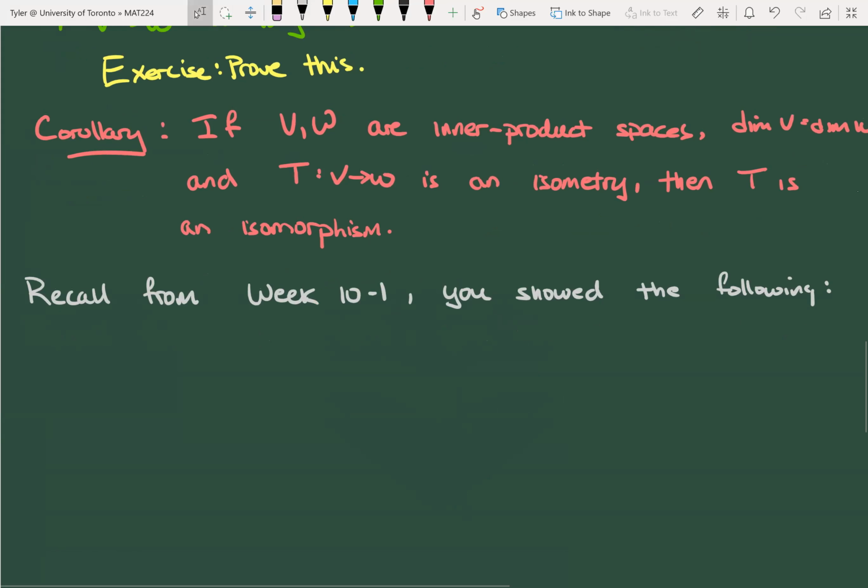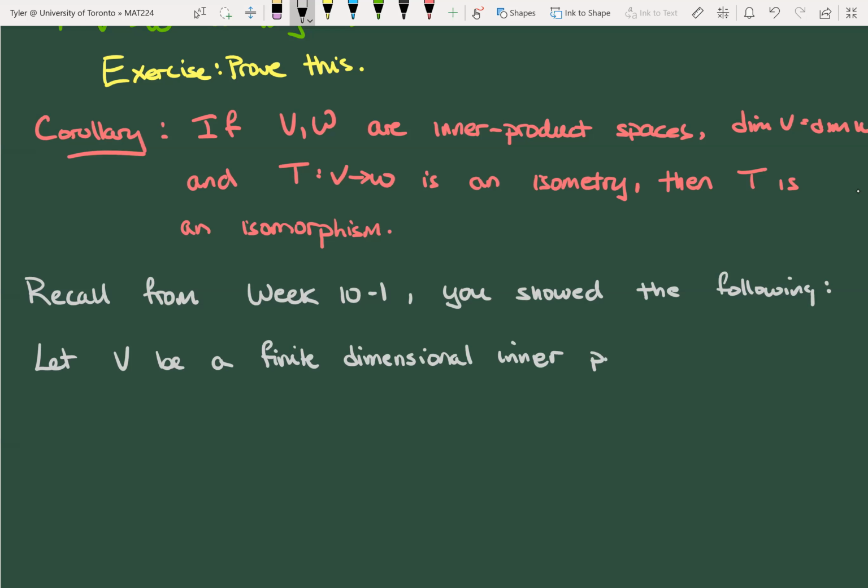Let's say you have a finite dimensional inner product space V. Sometimes we'll say inner product space without writing down explicitly what the inner product is. In that case, I don't have to write down what the inner product actually looks like, the left angle bracket and the right angle bracket. You just know it's there, right?